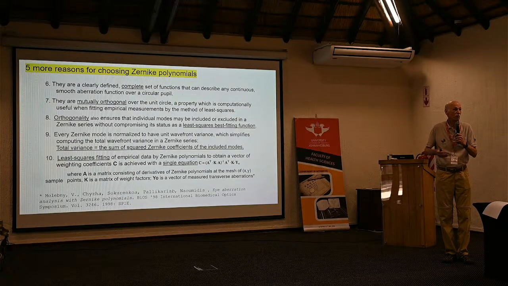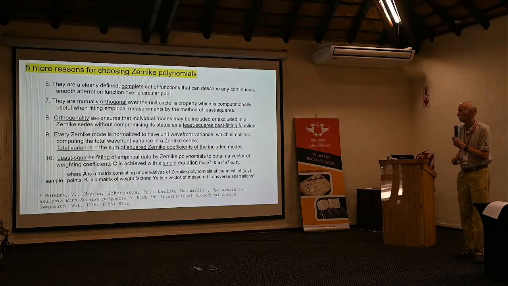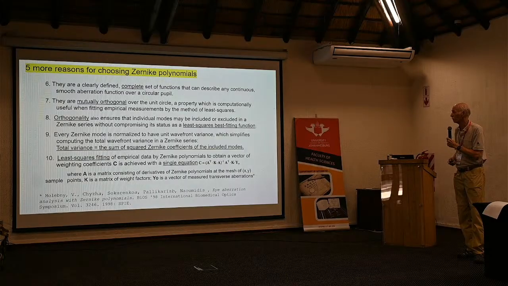Even a simple bifocal lens has a discontinuity between the reading add and the basic power. And so that kind of discontinuity will not be easily handled by Zernikes. But for eyes that don't have those special cases, Zernikes should be able to work pretty well.